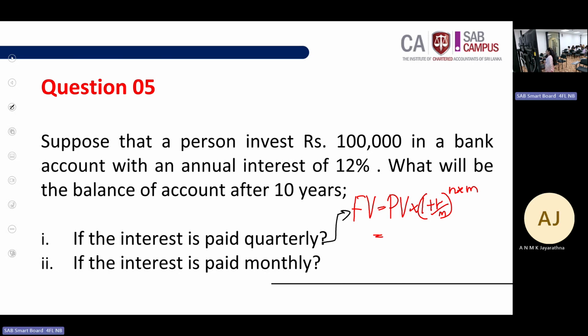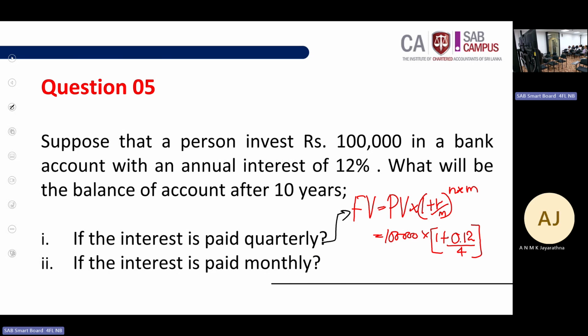Okay, present value, how much are you going to deposit? That is 100,000. 100,000 multiplied by 1 plus, what's the interest rate? Annual interest rate is 0.1. But first, quarterly interest.